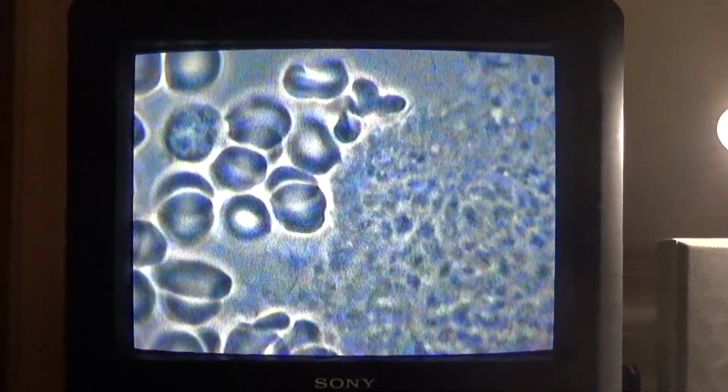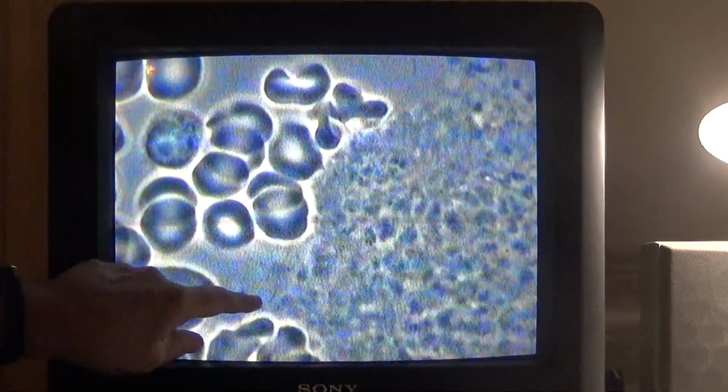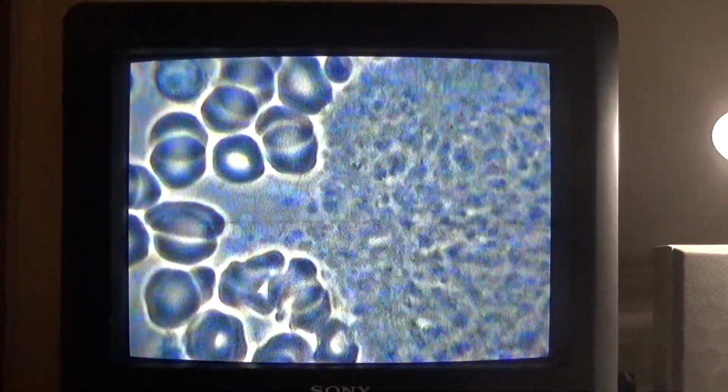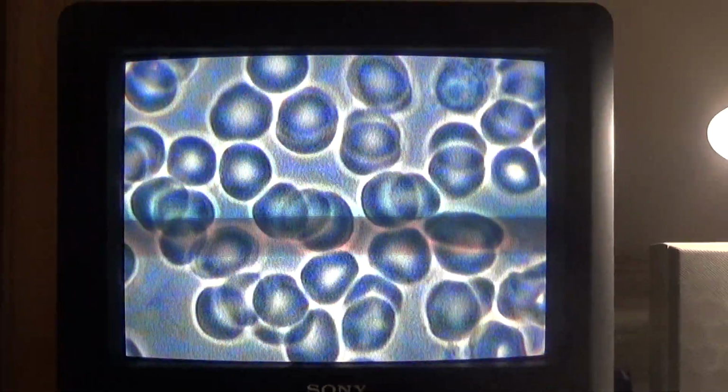These biofilms are a slime, some components of which they exude themselves. They also pull other things from the blood. The lines that you're seeing in the background are fibrin. It's a protein that has precipitated.